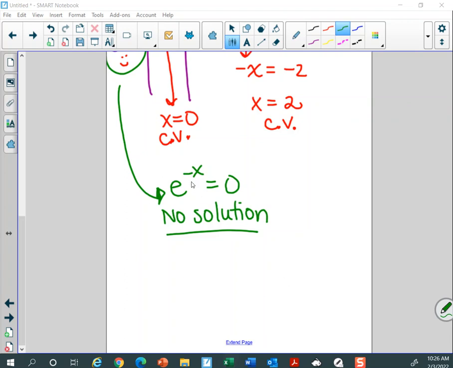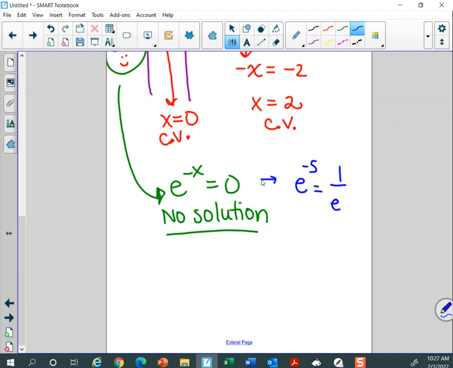No matter what number you put in here for x, e to a power is positive. Now, I know you're kind of going, well, wait, what if? But let's think about it. Even if you did have something like that, that's not negative.